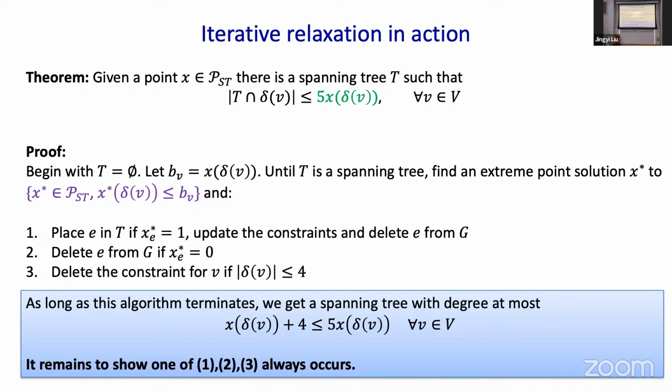But the moment in which I delete that constraint, I'm on some face of the polytope where there are only 4 edges remaining in the graph. Everything else has already been set to 0 or 1. So this can increase by at most 4. So that's the idea. I just have to show you that this algorithm actually terminates, and then we're done.